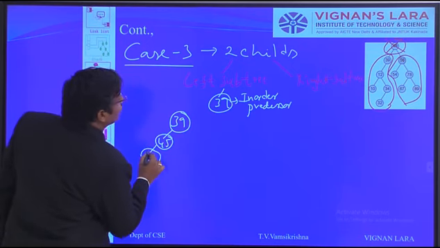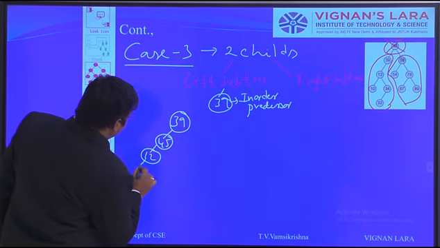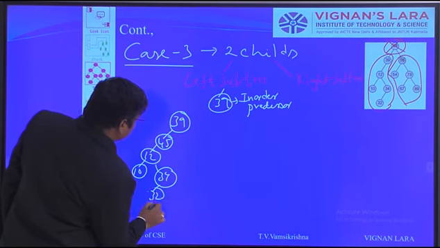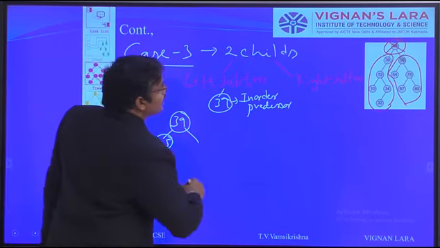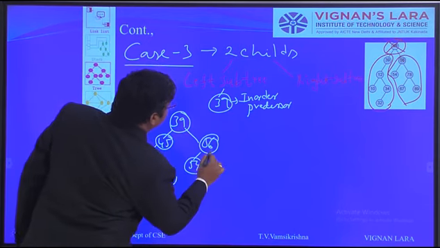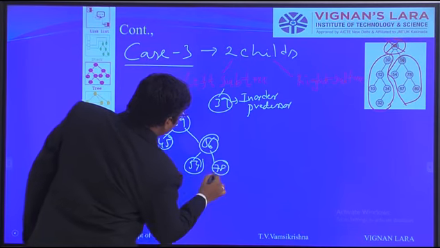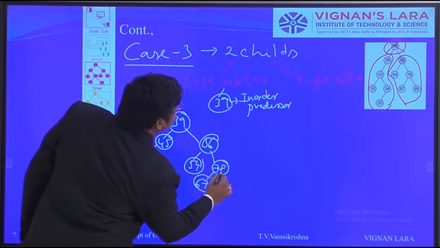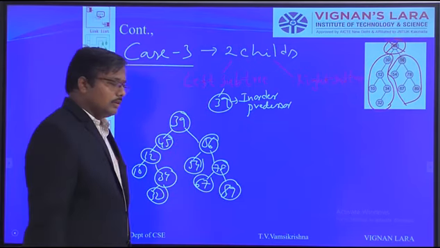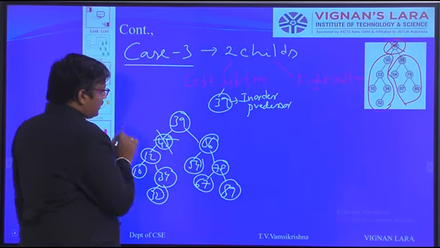Next 12, then 10, 34, 32. Here the path is not changed. Then 56, 54, 78, 67, 89. Here 45 is deleted.